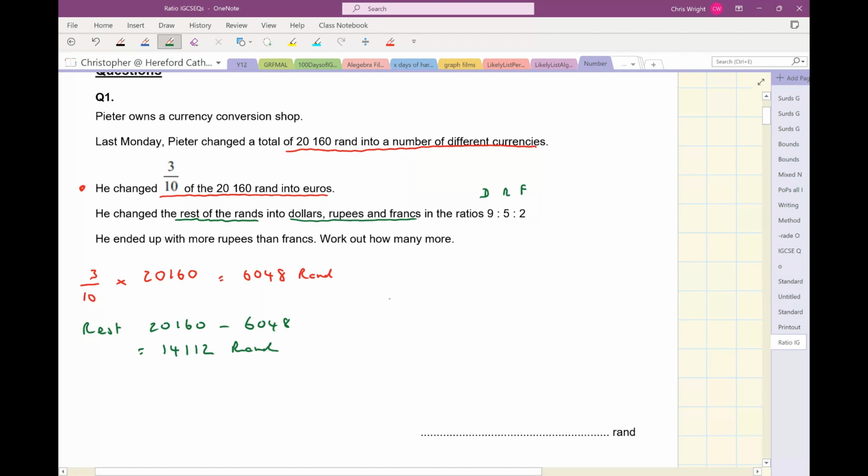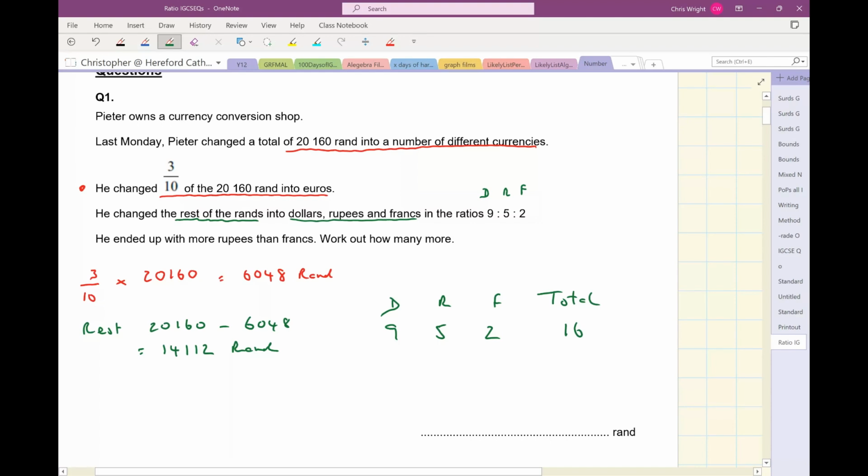Now what does he do with that? Well, he puts it into dollars, rupees, and francs in the ratio 9:5:2. Let's work out the ratio total: 9 plus 5 plus 2 is 16. So if you were exchanging a total of 16 Rand, he'd end up with $9, 5 rupees, and 2 francs.